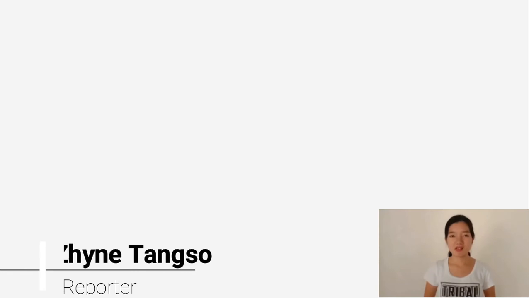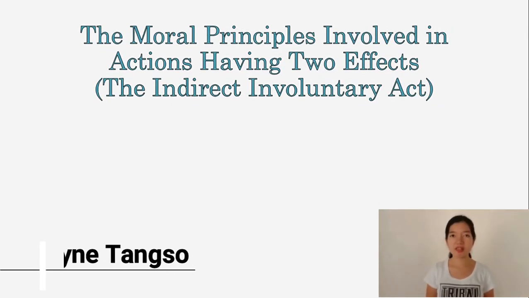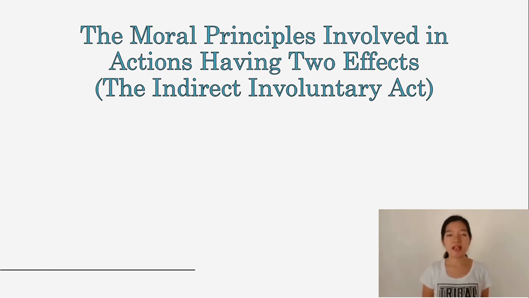Hi, this is Zhang Tangso, and my report is on the moral principle involved in actions having two effects: the indirect voluntary act. Most of the time, this principle is referred to as the principle of double effect. An act being done, resulting in two effects, hence double effect.